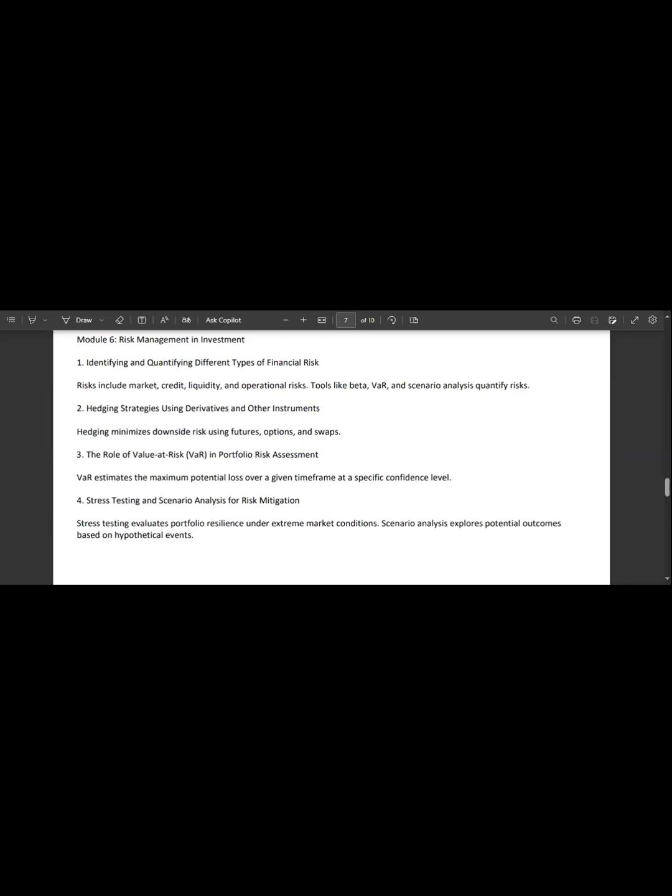You are holding 2 million euros because you are confident that the euro will appreciate against the USD. That's why you are holding so much of it, at a confidence level of, let's say, 90%, that the euro will appreciate against the USD, and therefore you will gain.